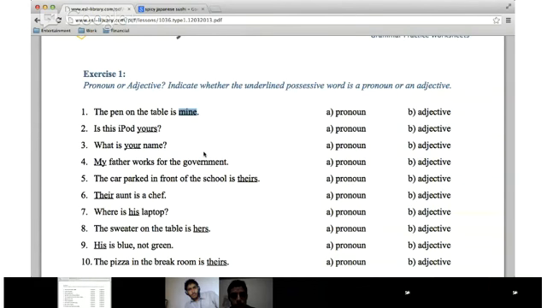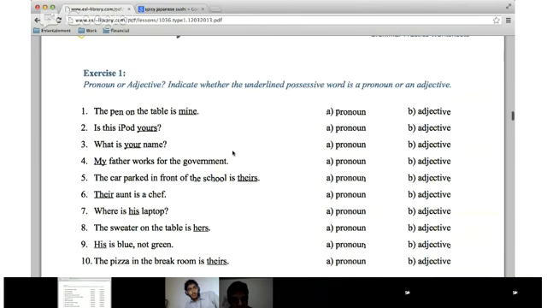The pen on the table is mine. Is it a pronoun? Good. Yes, this is a pronoun. It is a pronoun because it follows the word is, and there's no noun after the word mine. Great.